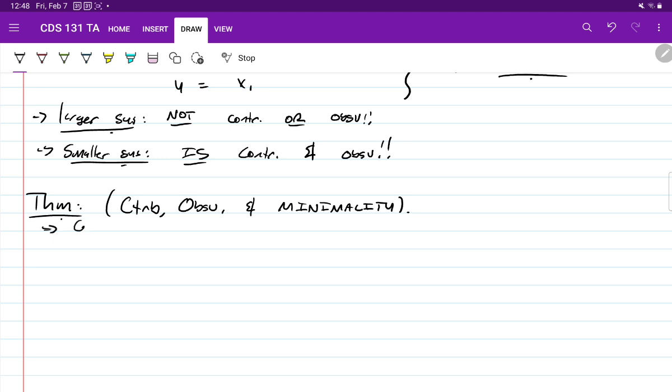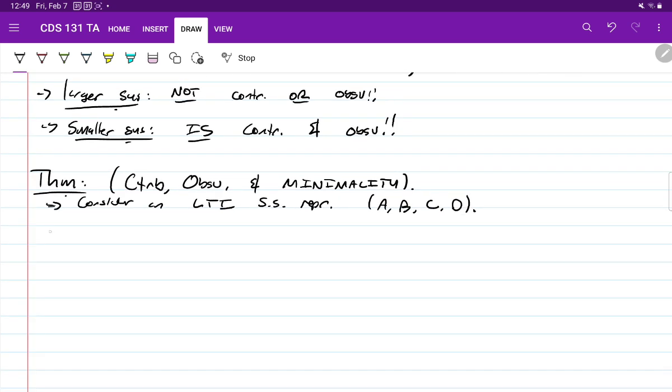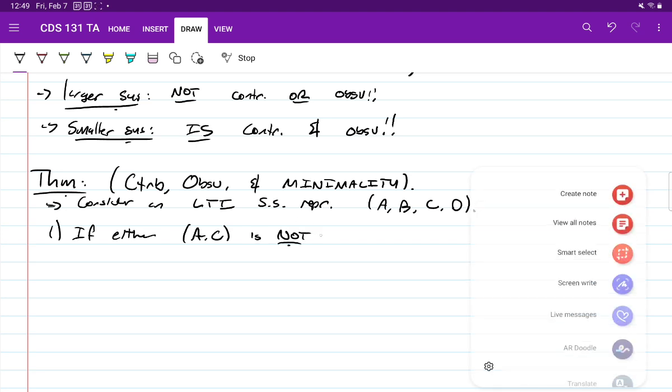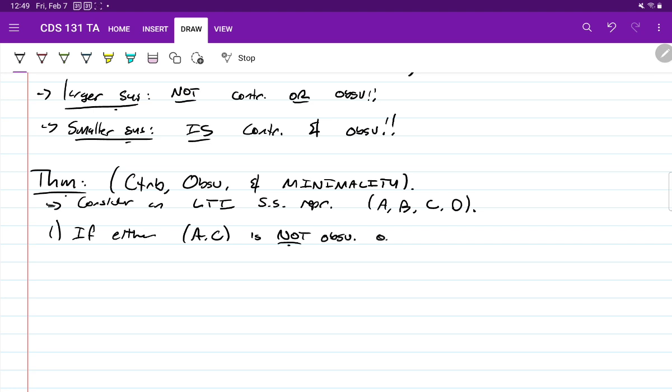Consider an LTI state space representation A, B, C, and D. Now first, if either A, C is not observable, or A, B is not controllable, then the representation is not a minimal realization.